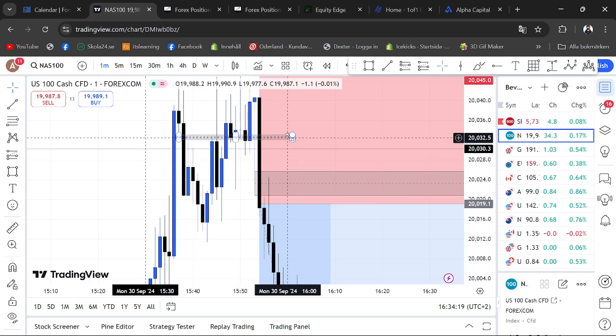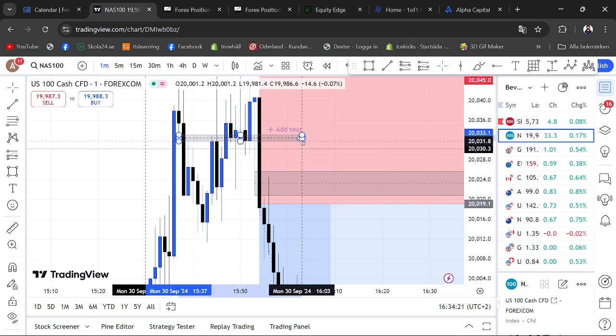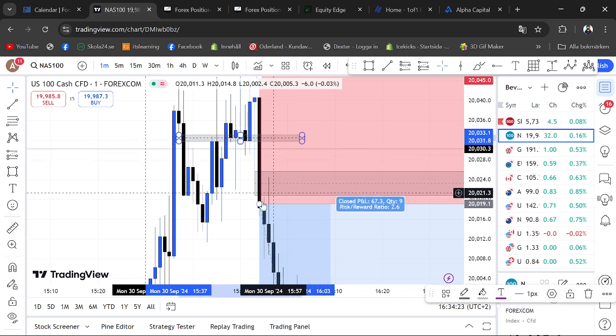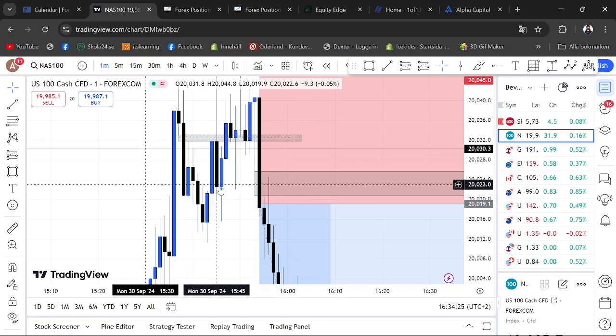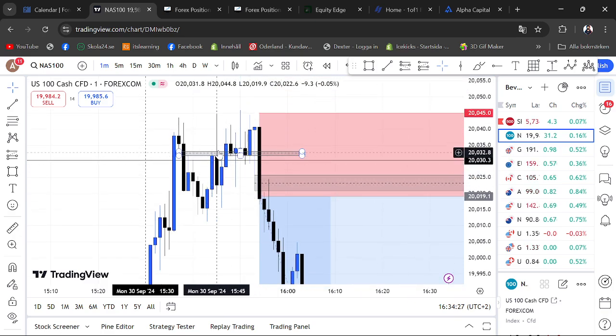So we had this small BPR over here, or you can call it the bullish fair value gap, which price did play into a bit. Look, we did see price come into this once and see a big rejection to the downside, which I did not take because this was the news candle.